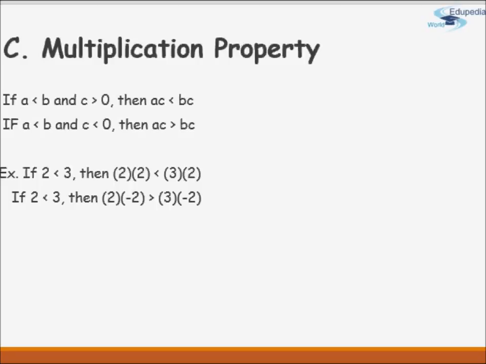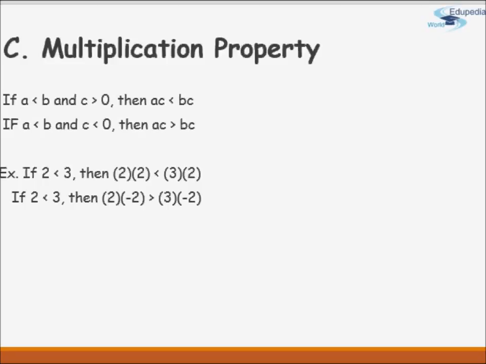Now in the second scenario, if c were to be less than 0, if it was -1, -2 or any such number, we're only concerning ourselves with integers right now. If we multiply it in that way, then the inequality is going to change.